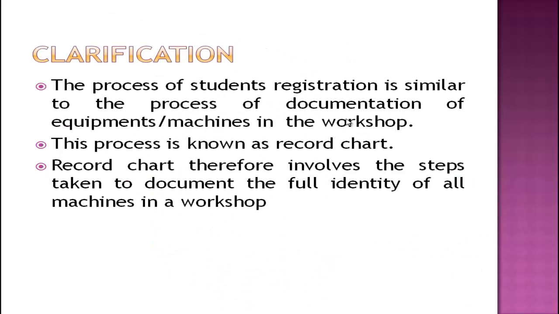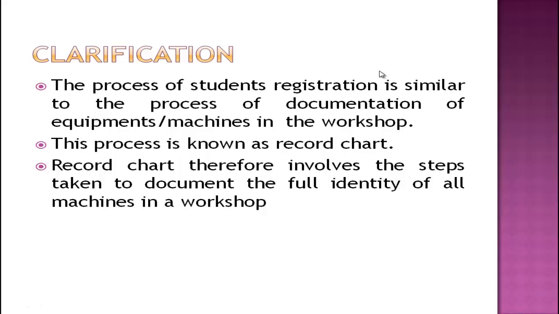Now, the process of student registration, which is the poser that I've just read, is similar to the process of documentation of equipment or machines in the workshop. This process is known as the record chart. The record chart involves the steps taken to document the full identity of all machines in the workshop, just like you do normally when you arrive in your institution as a student.